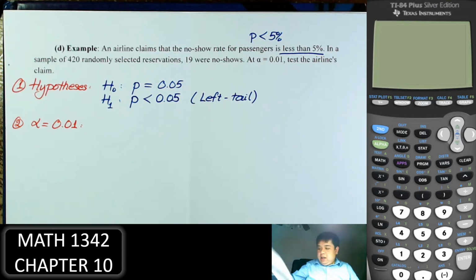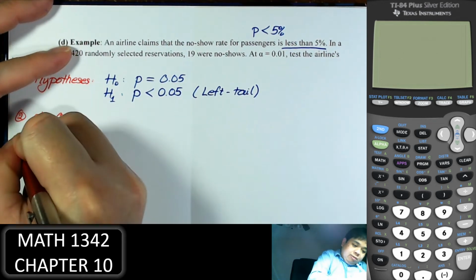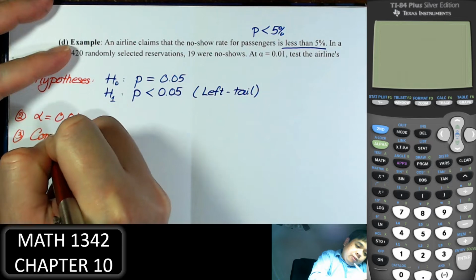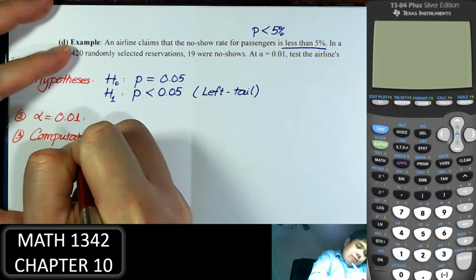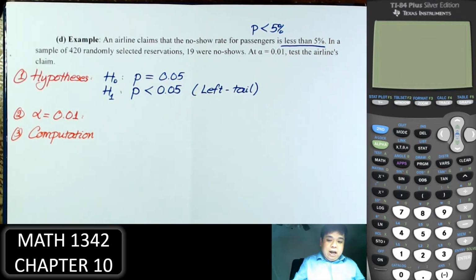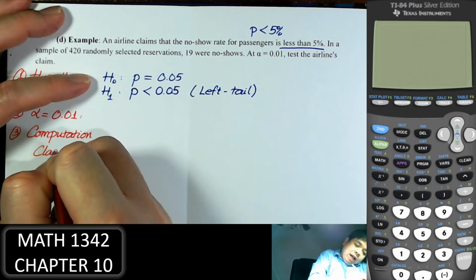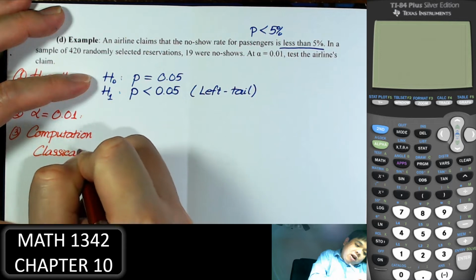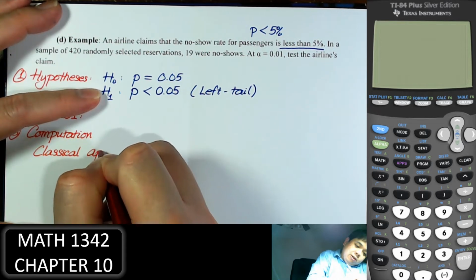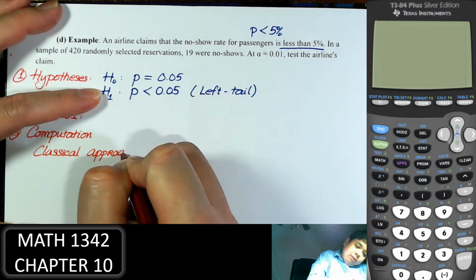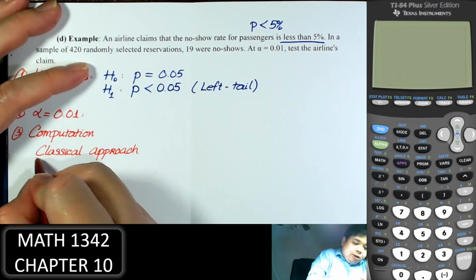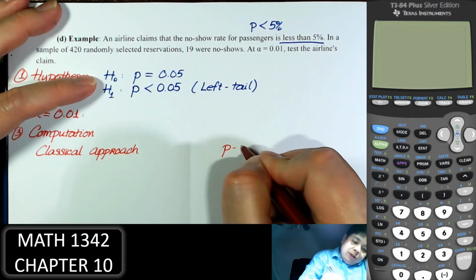So the next step is the computation. And like we said, we use two different approaches here, the p-values approach and the classical approach. Later on we only use the p-values approach.